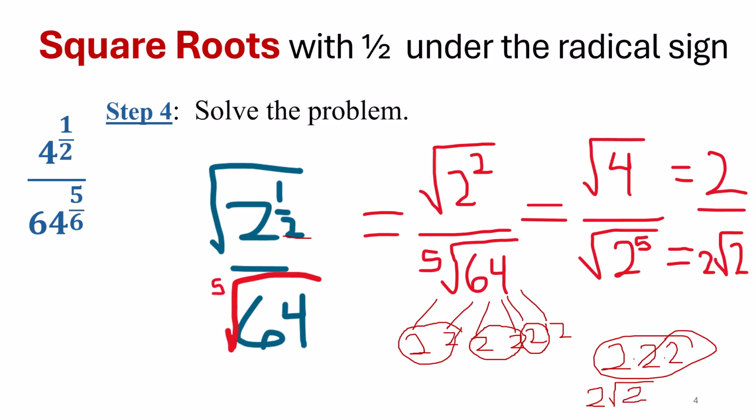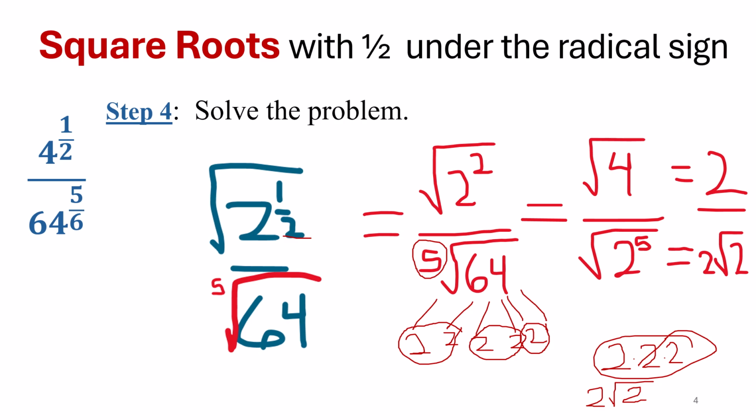You have to leave it there because you have 6 here to get to 64, but this says only 5. So one of them has to be alone. We chose this guy. Last guy out. Last man standing. This 2. You have to leave him under the radical. He's by himself, and so that's where he shows up here.